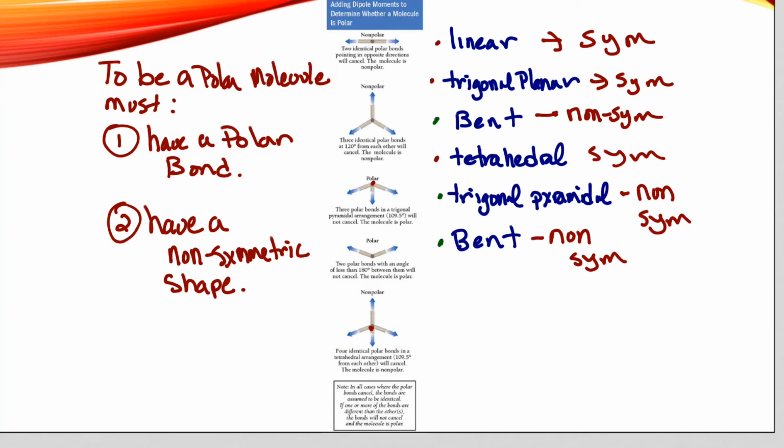Now, there is one caveat that we have to put here, which is that these designations are perfectly good and will hold as long as the atoms bonded are all the same.